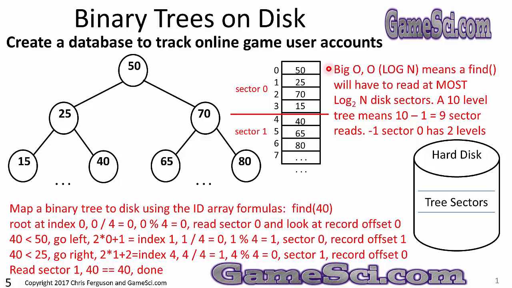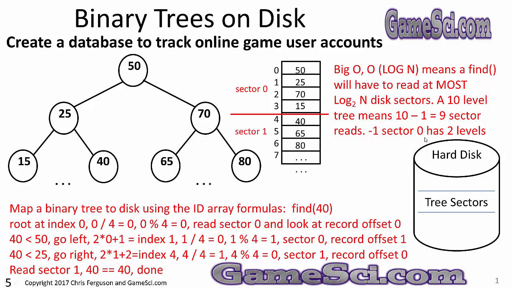Big O notation for a binary tree says we should be able to find a record in order log n time. This means finds will have to read at most log base 2 of n disk sectors. A 10 level tree means we're going to have to read 10 minus 1 or 9 sector reads. Why the minus 1? Because sector 0 has 2 levels in it.